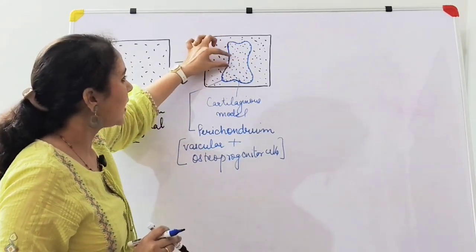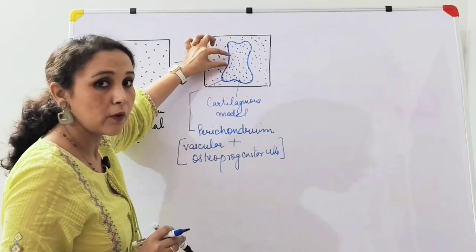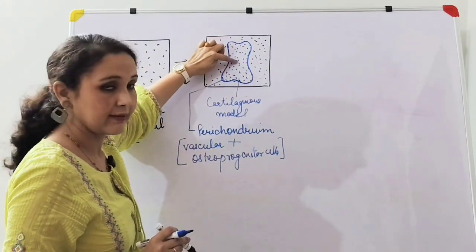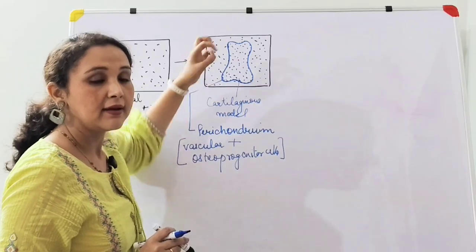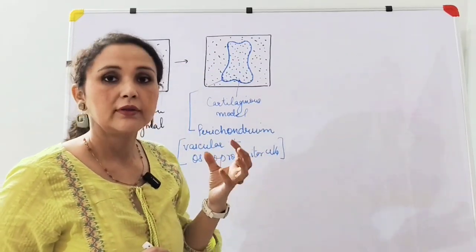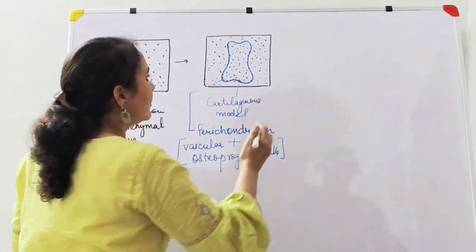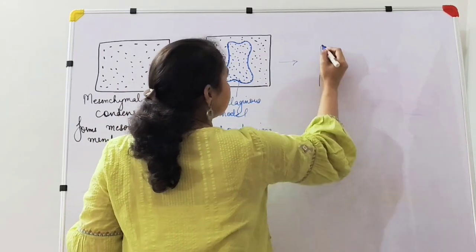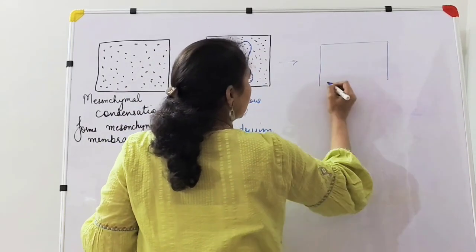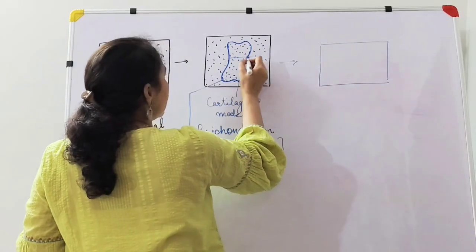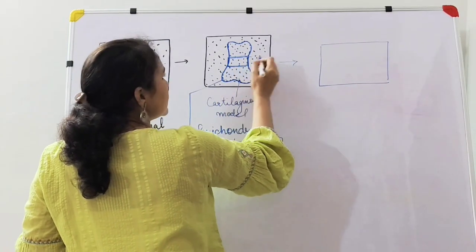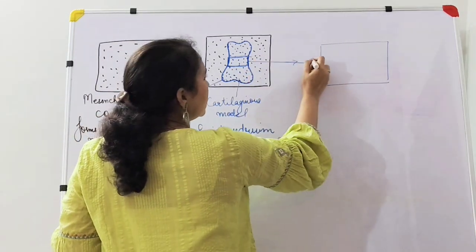In the part where the bone tissue has to start forming, what will happen? The chondroblasts here, they will enlarge. The chondroblasts present here, they will enlarge, right? So this is the part, for example, where the bone has to start forming. So what will happen now?